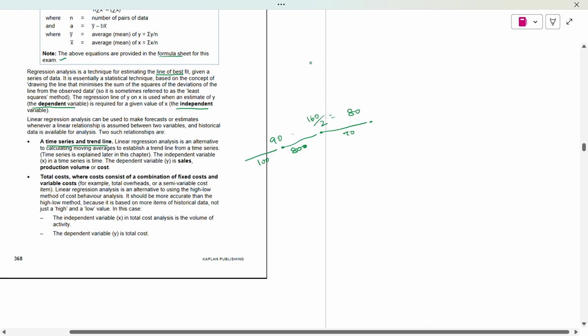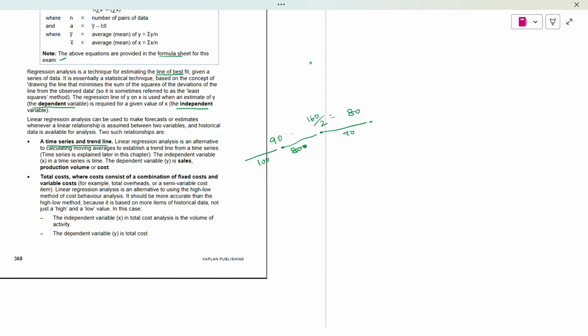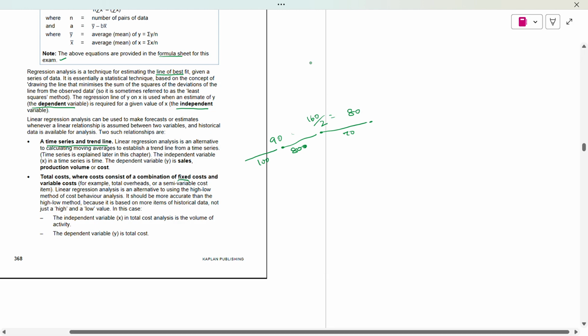This is the moving average. If we come across applications on that, we will follow the same technique. Now, one is regression, where we talk about independent and dependent variables. Another is the time series and trend line. Another one is total cost, where cost consists of a combination of fixed and variable cost.